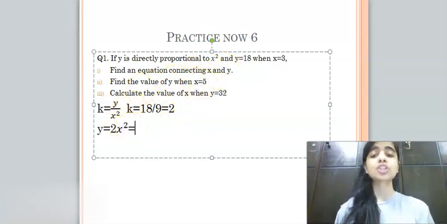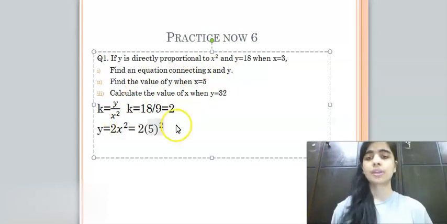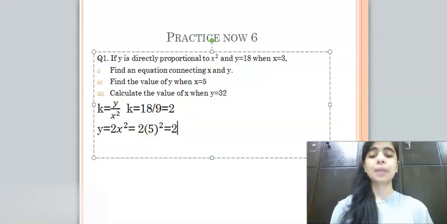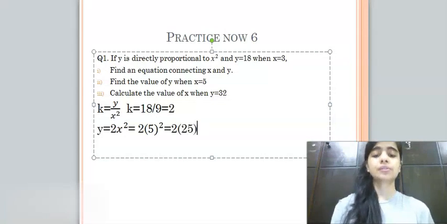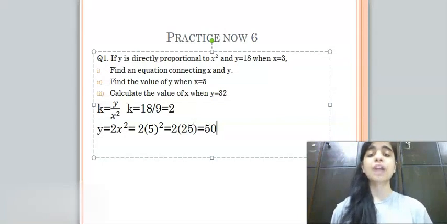So this will be 2 multiplied by 5 square. That is, 5 square is 25 and 25 multiplied by 2 gives me 50. So my answer for part 2 is 50. My value of y will be 50.